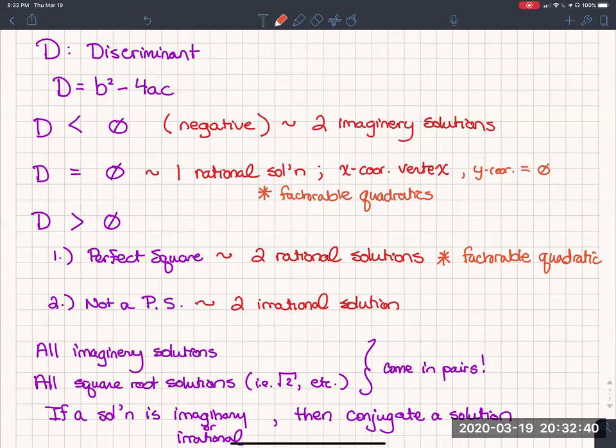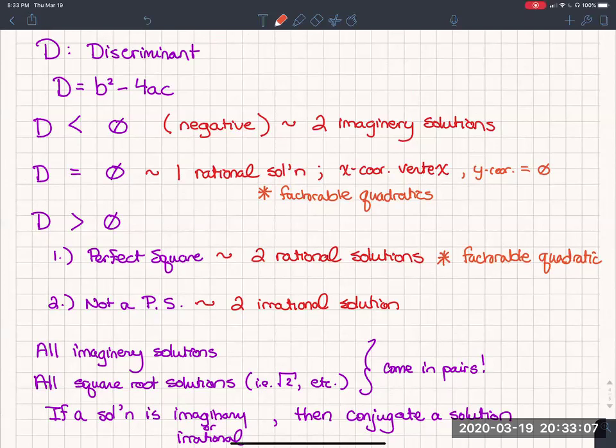If the discriminant is greater than 0, then it gets a little bit more complicated. Either it can be a perfect square like 4, 16, 9, 25, 49, etc., or not a perfect square. Remember, a perfect square is any number whose square root is also a whole number. So if the discriminant is a perfect square, you should expect two rational solutions.